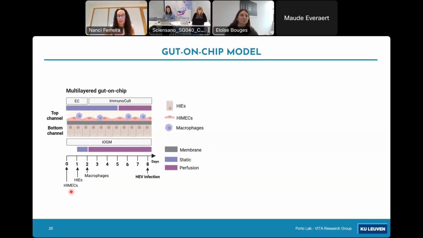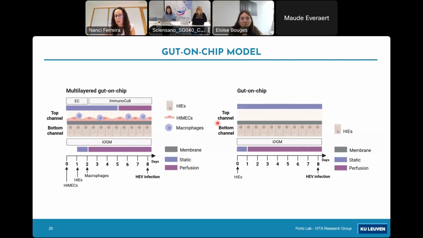The cells need to be sequentially layered in the chip. But because each one of these cell layers requires optimization before another layer is introduced, we are starting with a simpler gut-on-chip where we just have our intestinal epithelial layer with our intestinal organoids.